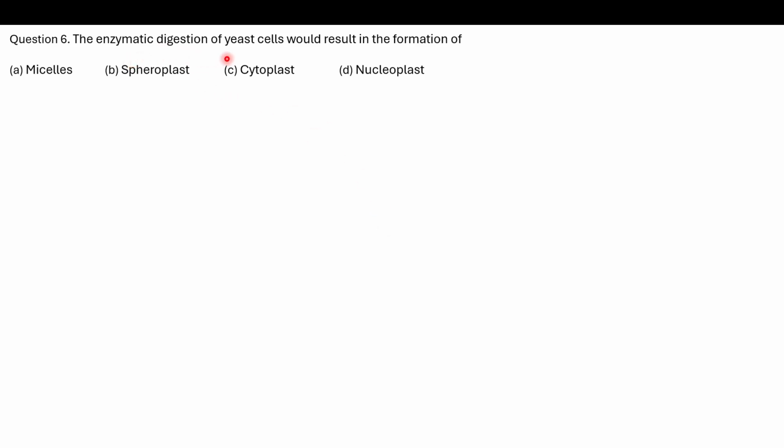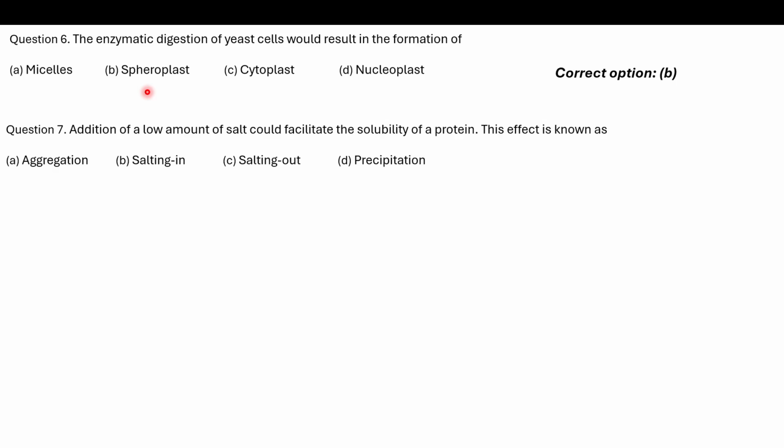Now, enzymatic digestion of yeast cells would result in the formation of what kind of entity? This is option B, spheroplast. We very recently looked at hydrophobic interaction chromatography. When we add a low amount of salt, which facilitates the solubility of a protein, the protein detaches from the matrix.